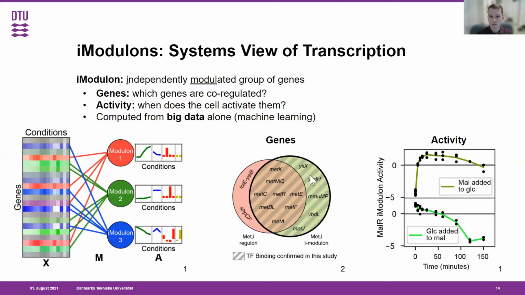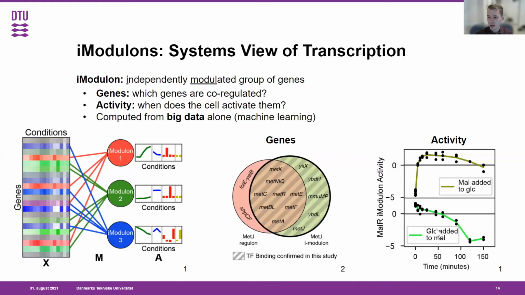So this can provide a new kind of top-down approach that might actually even be more accurate in some cases. And then if we look at the activity levels, we can look at this MalR iModulon, which regulates malate consumption. When you add malate to the media, this iModulon immediately activates, and so this entire group of genes turns on and gets used to digest the malate.